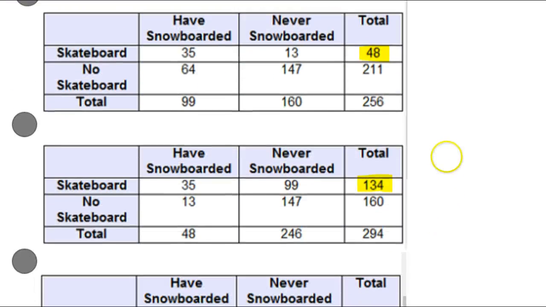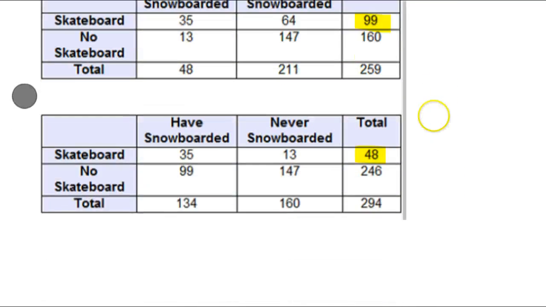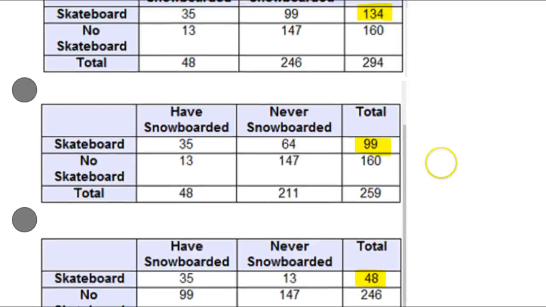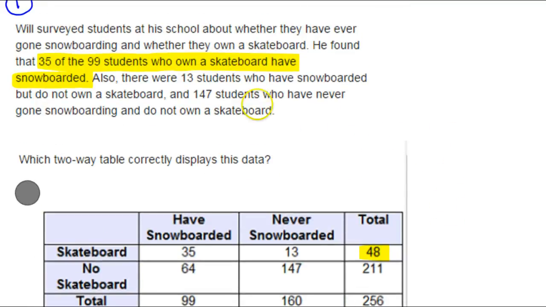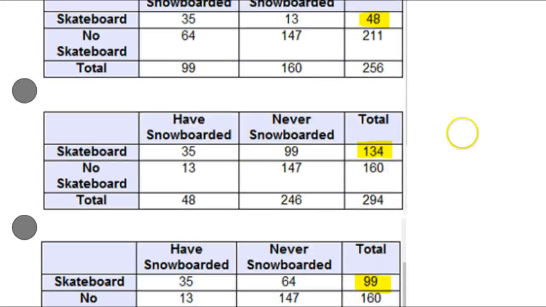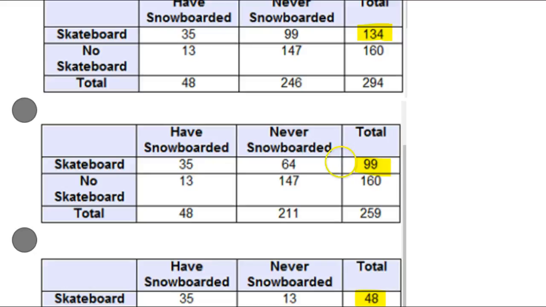That's enough information to narrow it down, because ultimately they're going to ask us which two-way table correctly displays this data. There are more things we can check, but I think we already have our answer. It should be this one.